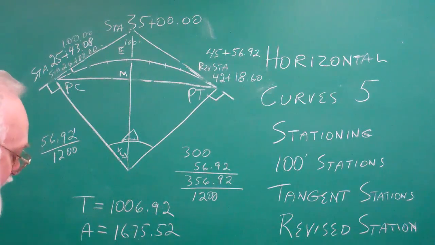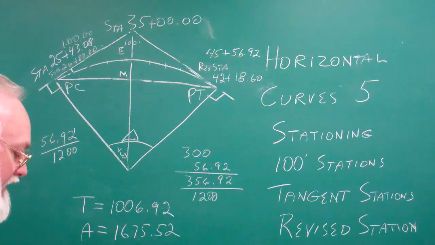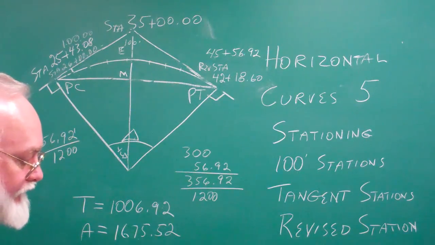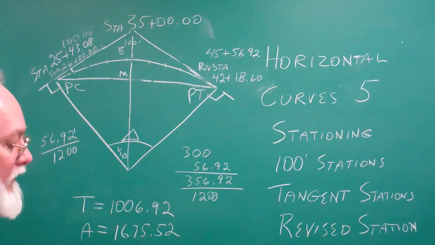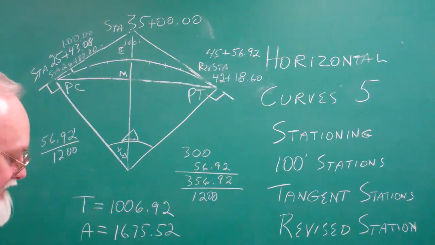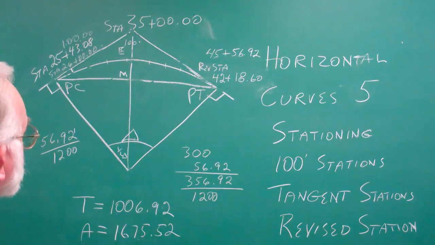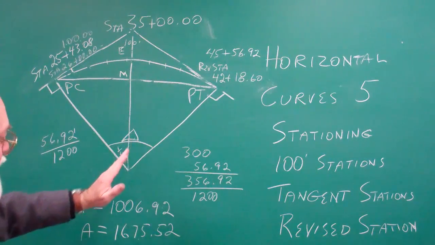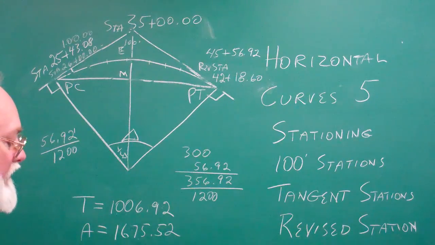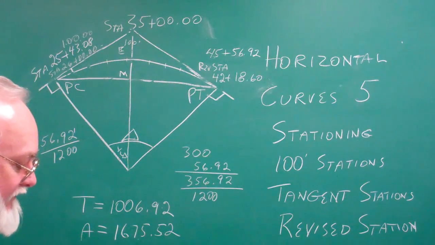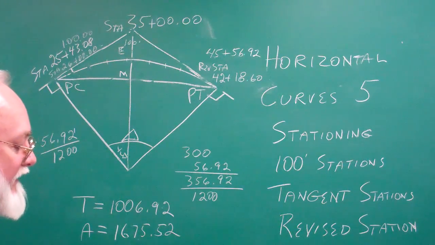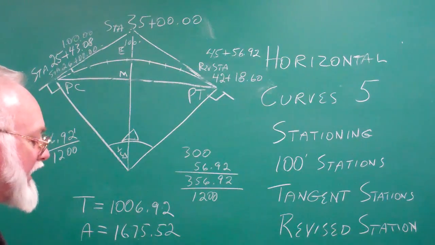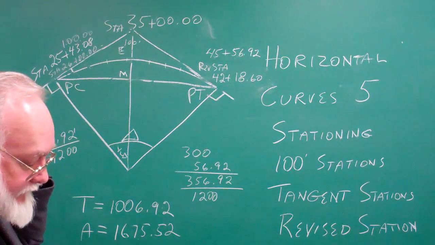Now divide that by 1200, and you get 0.297, etc. That's your central angle in radians. Convert that to degrees, and then to degrees, minutes, and seconds. You have a central angle of 17 degrees 02 minutes 30 seconds.